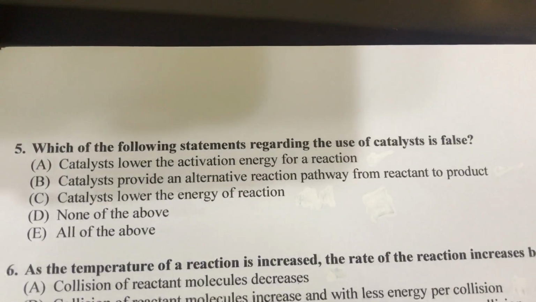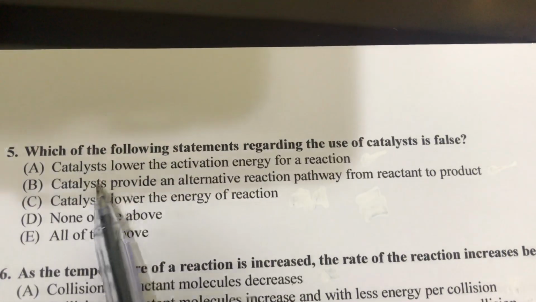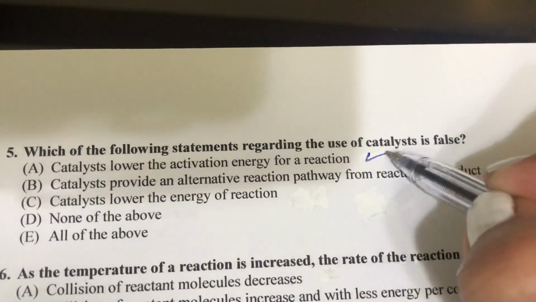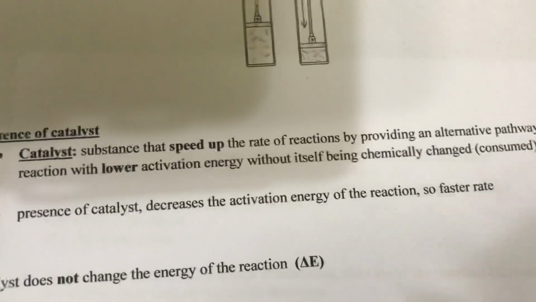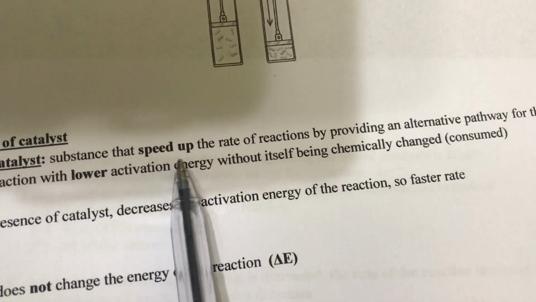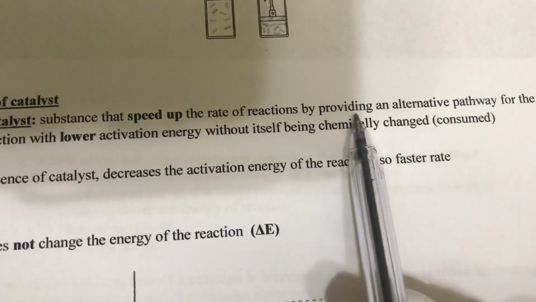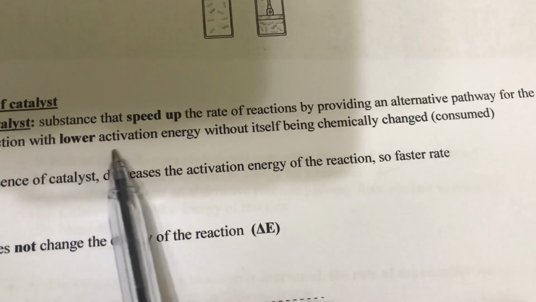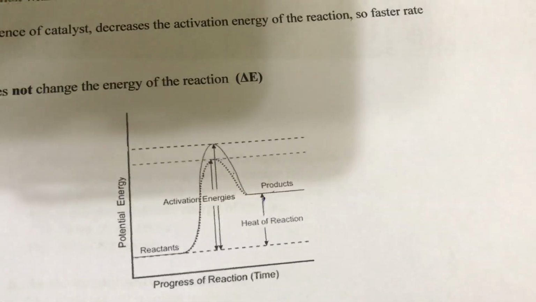Which of the following statements regarding the use of a catalyst is false? Catalyst lowers the activation energy for the reaction, yes. A catalyst is a substance that speeds up the rate of reaction by providing an alternative pathway for the reaction with lower activation energy.